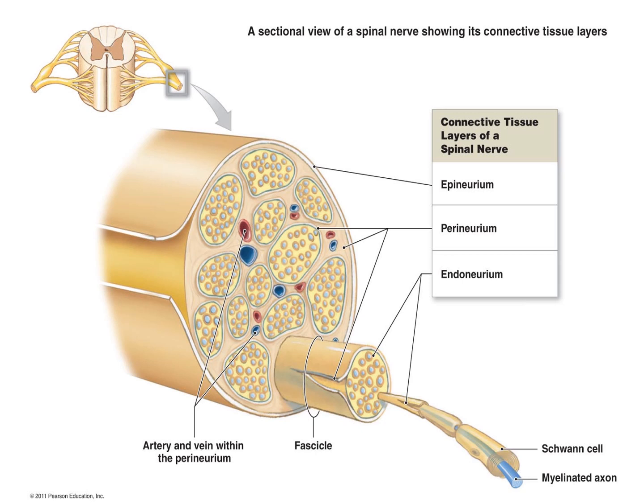So we'll see what a spinal nerve is. This is the picture of the spinal nerve. What are the different coverings of the spinal nerve? The spinal nerve is covered by a layer called epineurium, and then the nerve contains a bundle of nerve fibers, so many nerve fascicles.